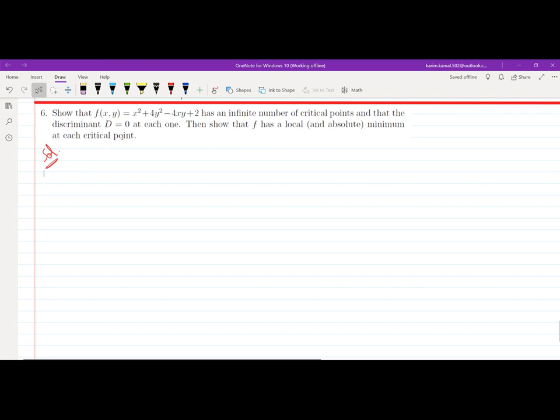First of all, we will work like before. We have to get fx, which is 2x minus 4y, and then fxx, which is 2. fy is equal to 8y minus 4x, and then fyy, which is equal to 8, and then we got fxy, which is equal to negative 4.